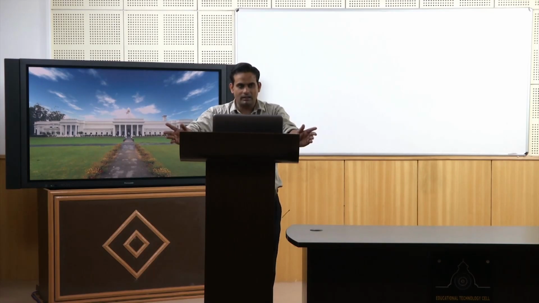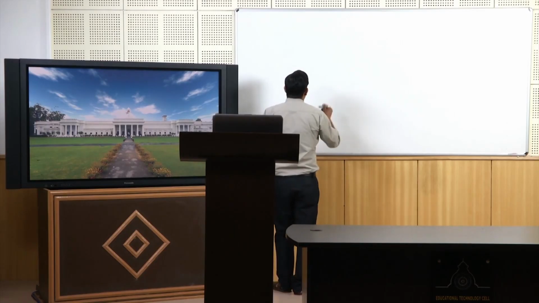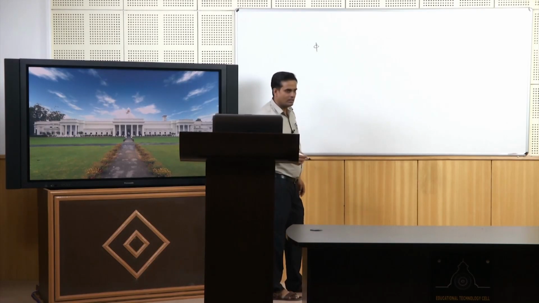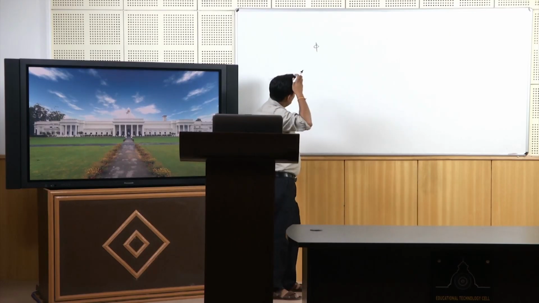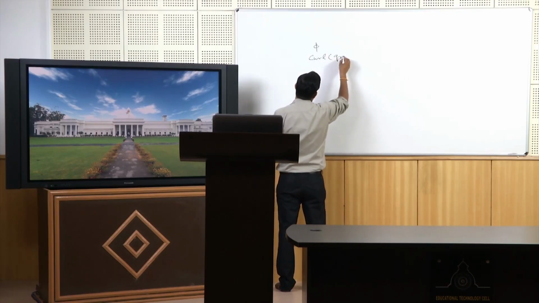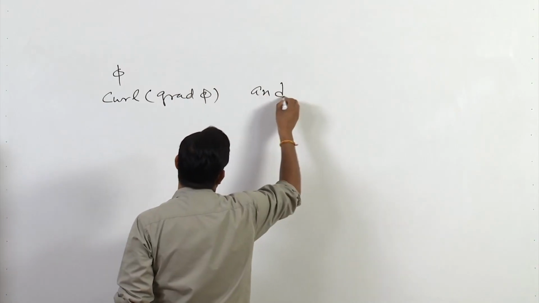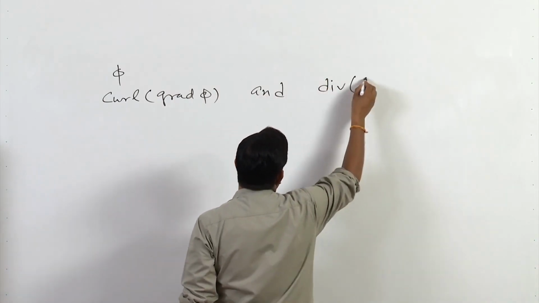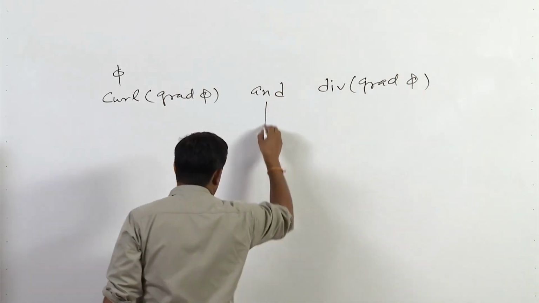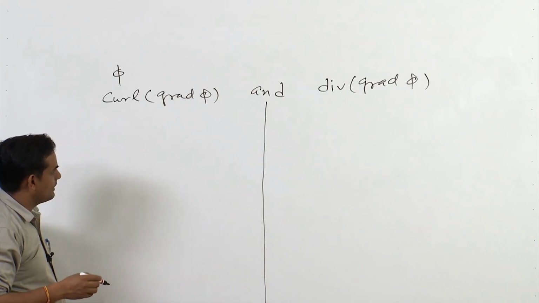In the last lecture we took an example where a scalar function phi is given to you, and we needed to find the curl of grad phi and the divergence of grad phi. We took a particular example. Now let us see in general what these things are.